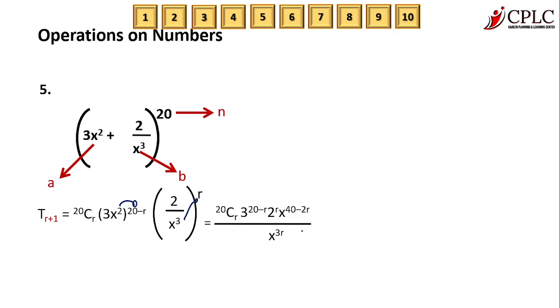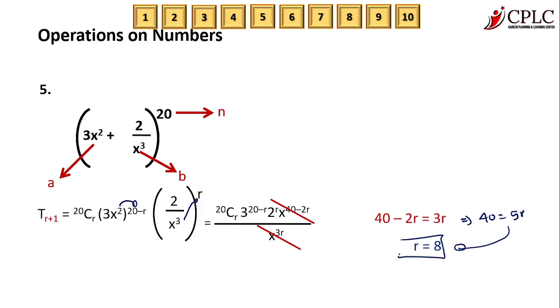Now we are saying this is the term that is independent of x, which means x should not be present here. That means x should be cancelled out from both the scenarios. Now when do we normally cancel out things? So obviously assuming that they are equal. So the terms are equal, hence we cancelled them out. And when we cancelled it out, we get 40 minus 2r is equal to 3r, which gives us 40 is equal to 5r, and that gives us r is equal to 8.